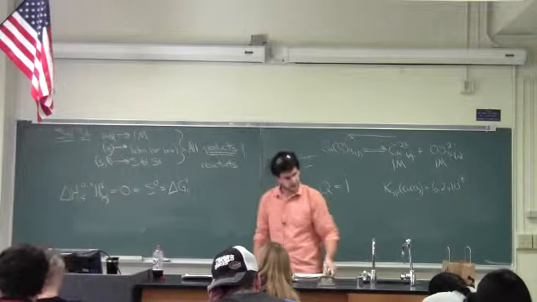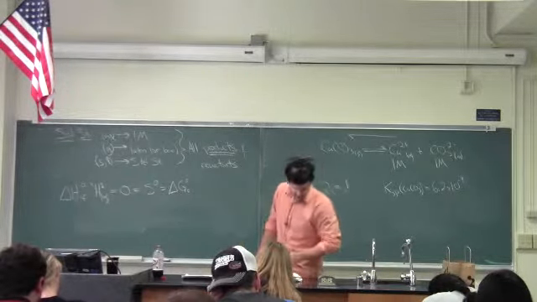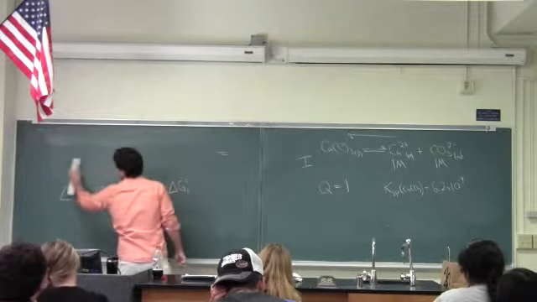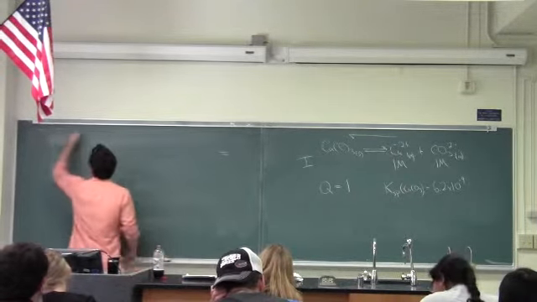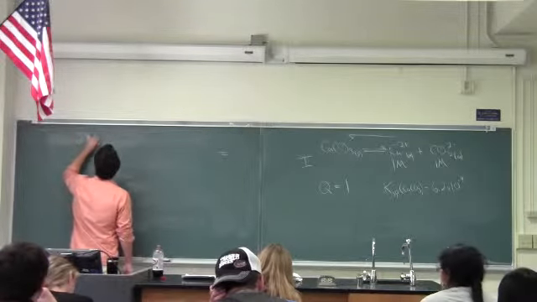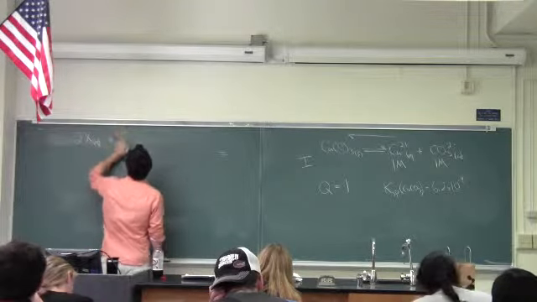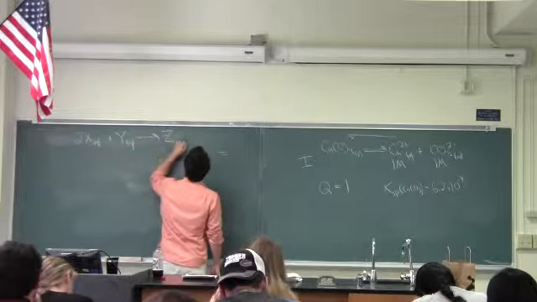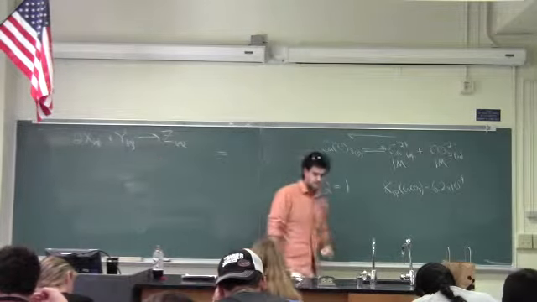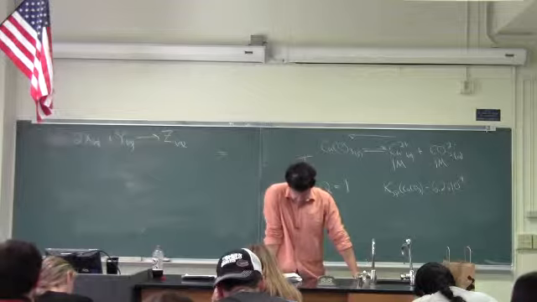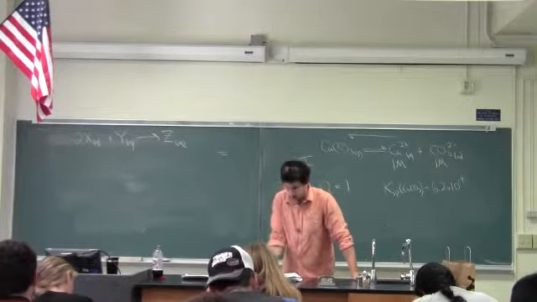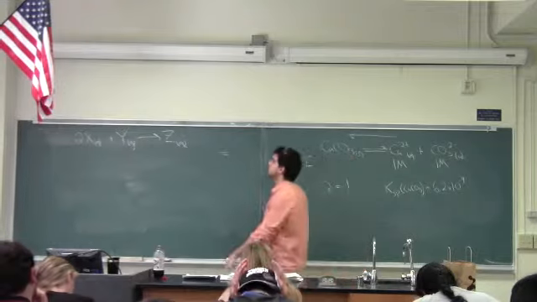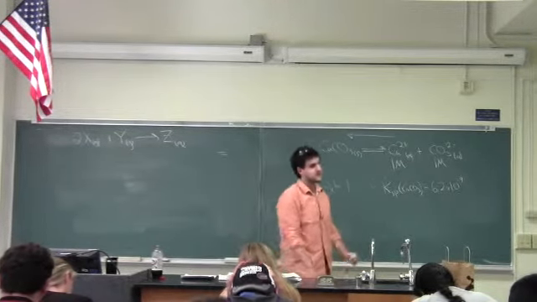Okay, so we'll start off with a hypothetical reaction. 2 moles of aqueous X plus 1 mole of gaseous Y gives us aqueous Z. All right, so if this system is initially in the standard state, we know concentration of X is 1 molar, partial pressure of Y above my aqueous system is 1 atmosphere, concentration of Z is also 1 molar.